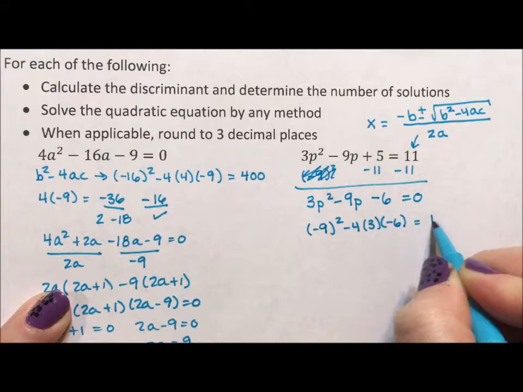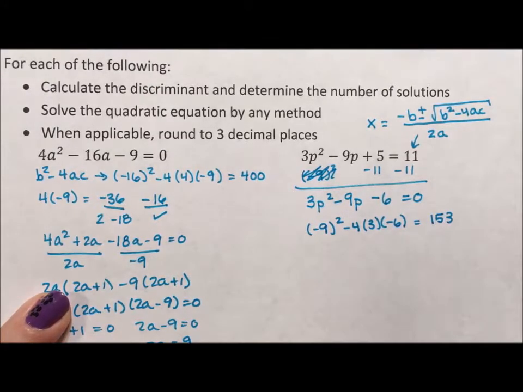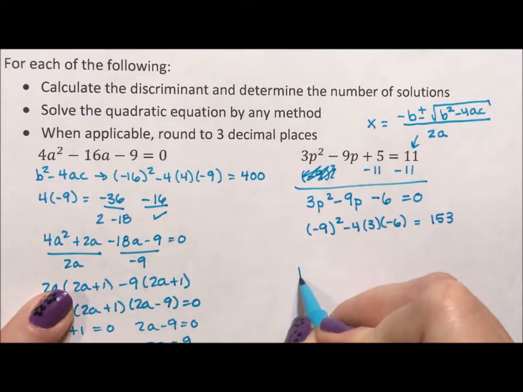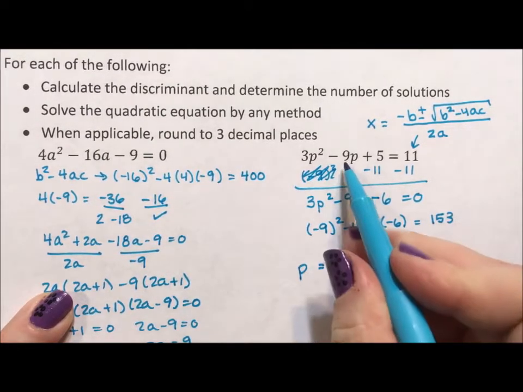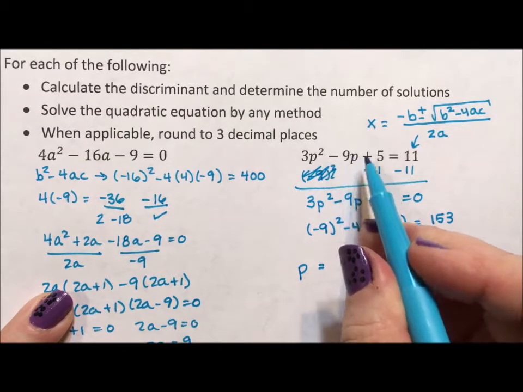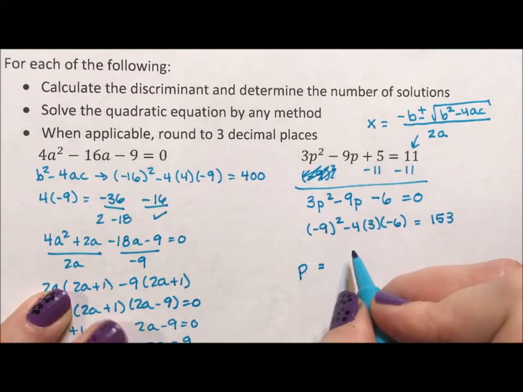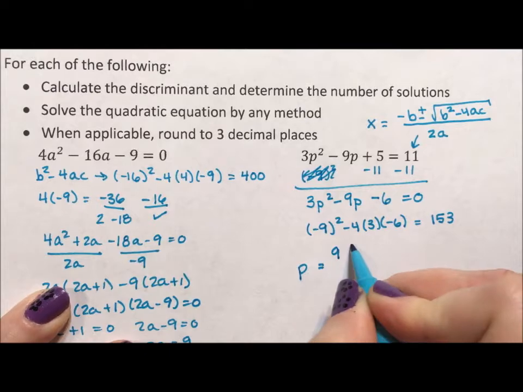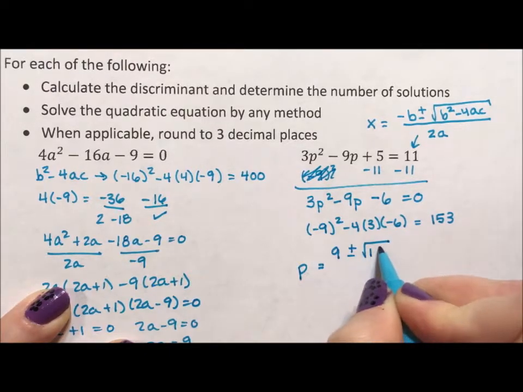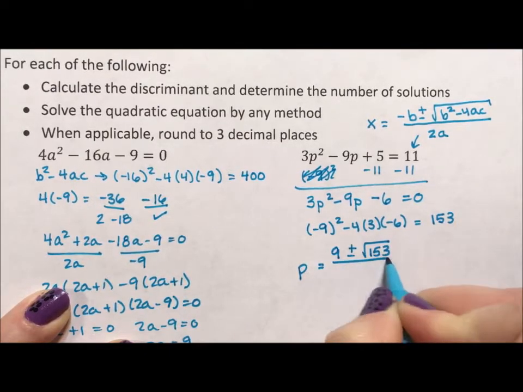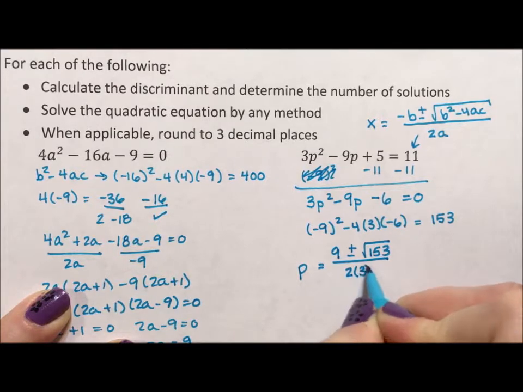This becomes a 153. 153 is not a perfect square, which means the quadratic formula is the only way to solve this problem. So p equals negative b, well, b is negative 9 and minus a negative is positive, so negative b is 9 plus or minus the square root of 153 all over 2 times 3.